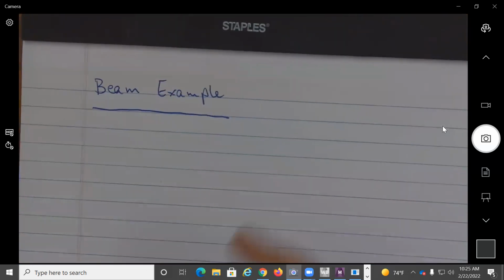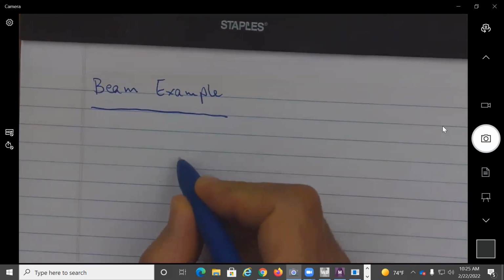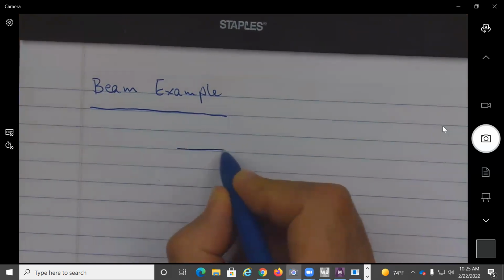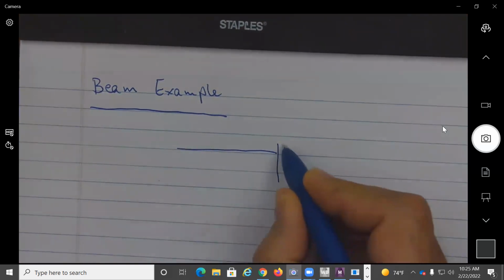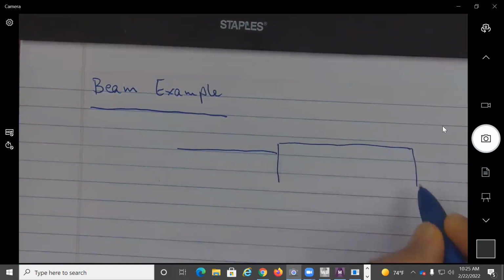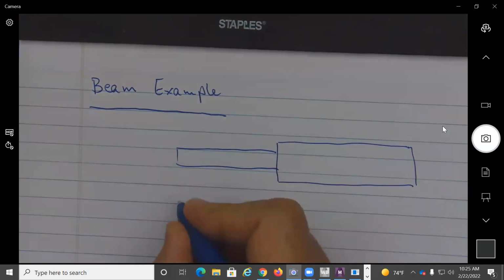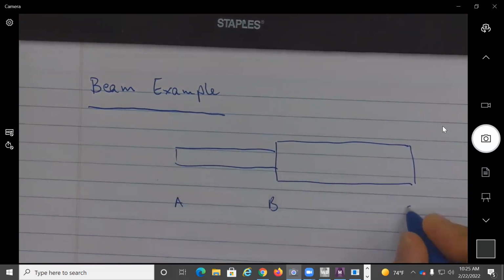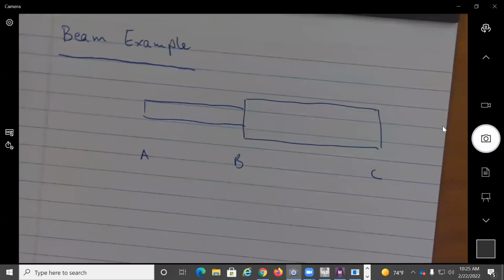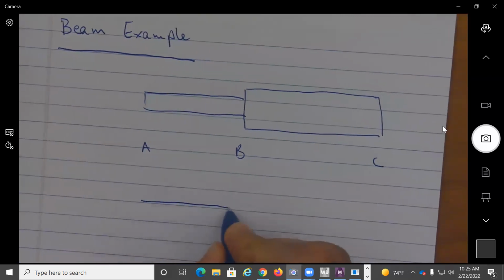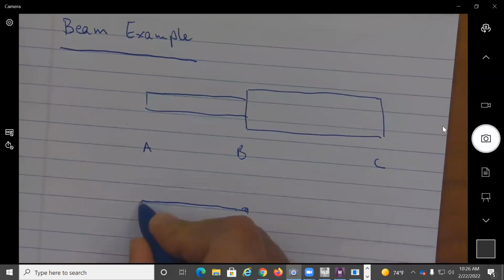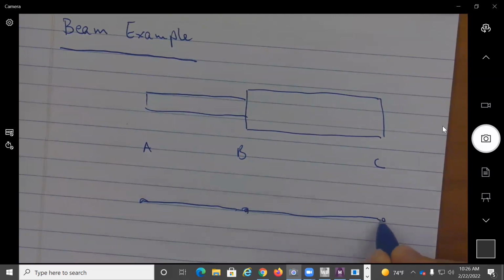So just to keep things simple, I am going to continue to use these two bars, AB and BC. And remember, in ANSYS, we modeled these using 2 line concepts and 3 points.